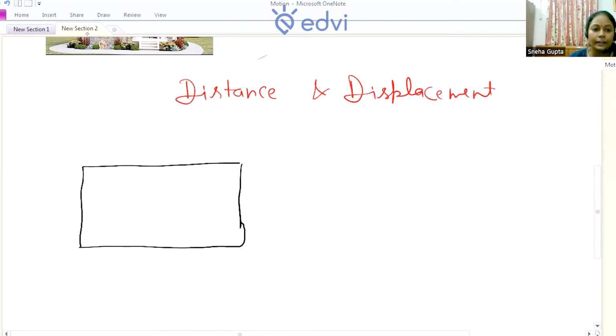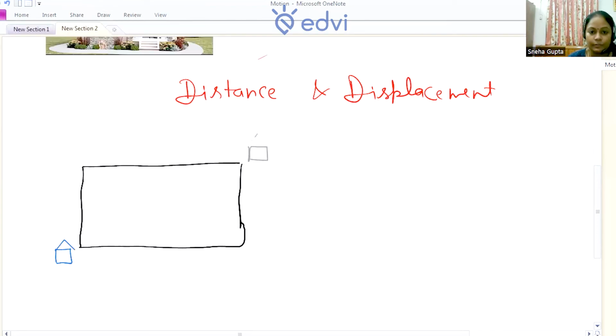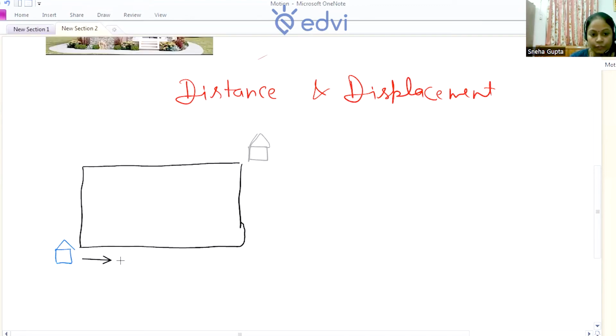Okay, and here is your house, and here is your friend's house. Now you have to travel from your house to your friend's house. So how will you travel? Suppose you went this way, and then you went this way.